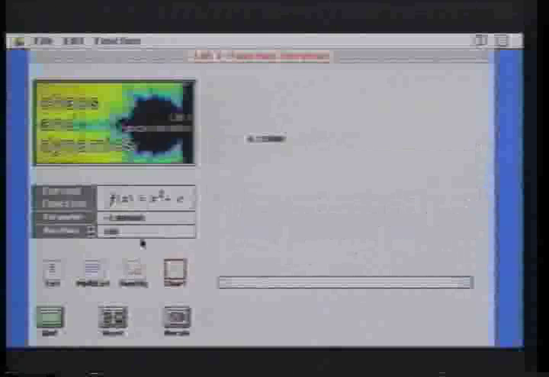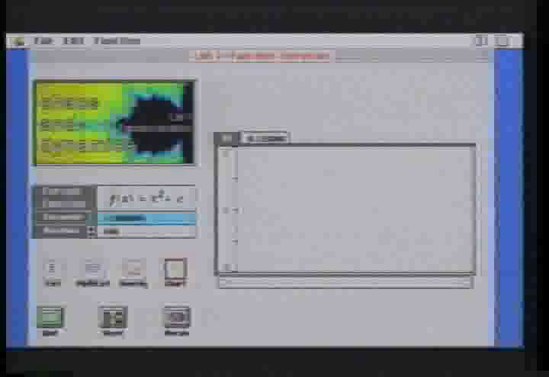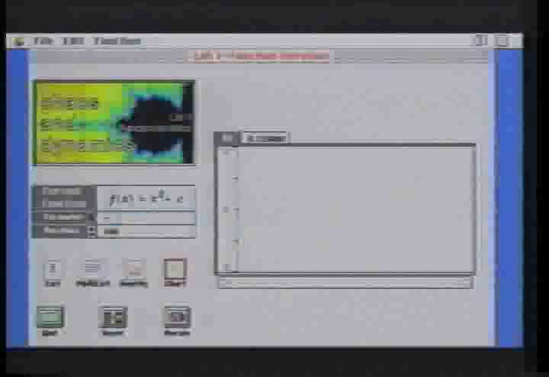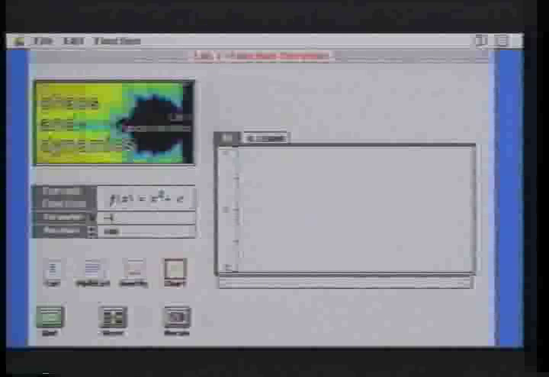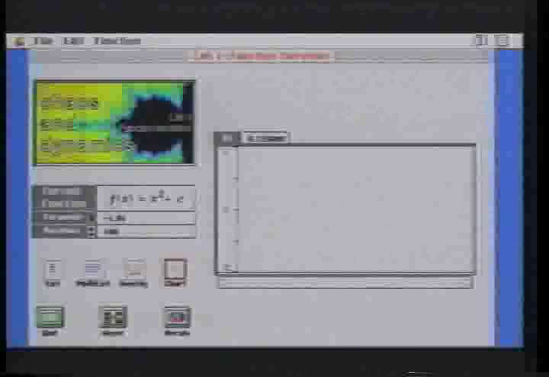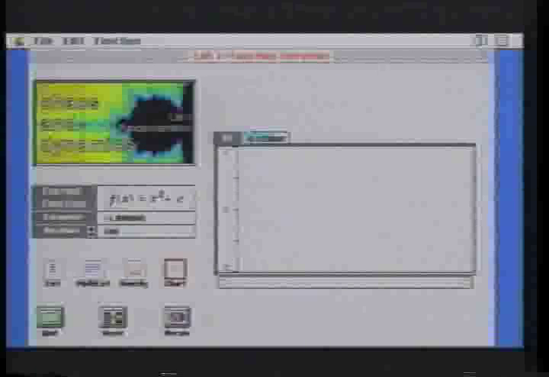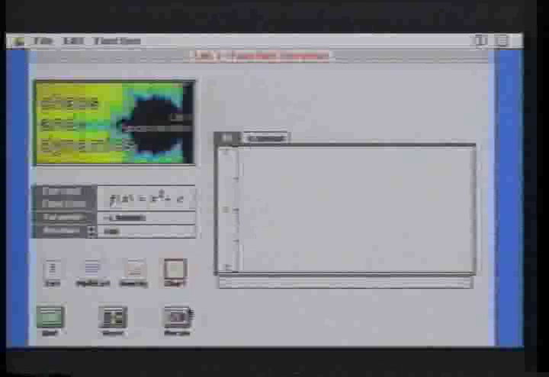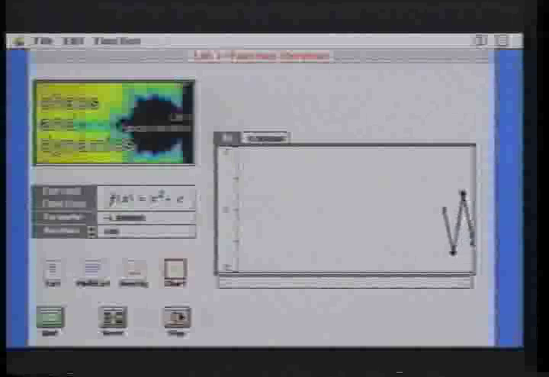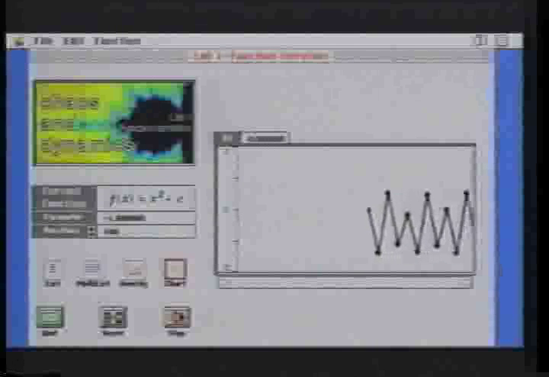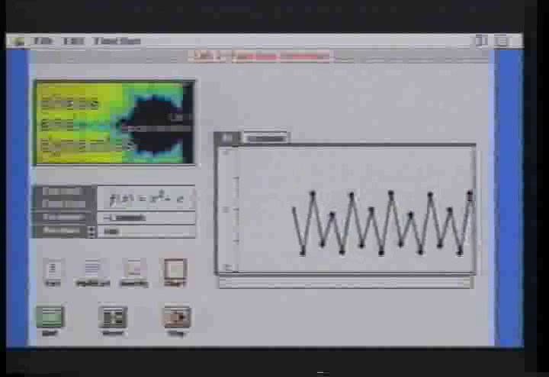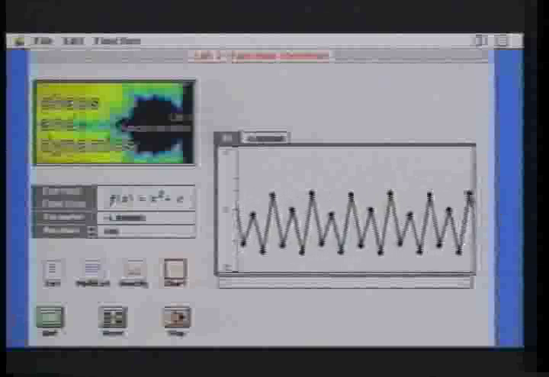Another example, let me lower the constant a little bit more, this time down to minus 1.38. So I'm going to iterate x squared minus 1.38. As always, start with the seed 0, display the result as a time series, and now you see something that at first looks like a cycle of period 4, but if you look closely, it's really a little different.